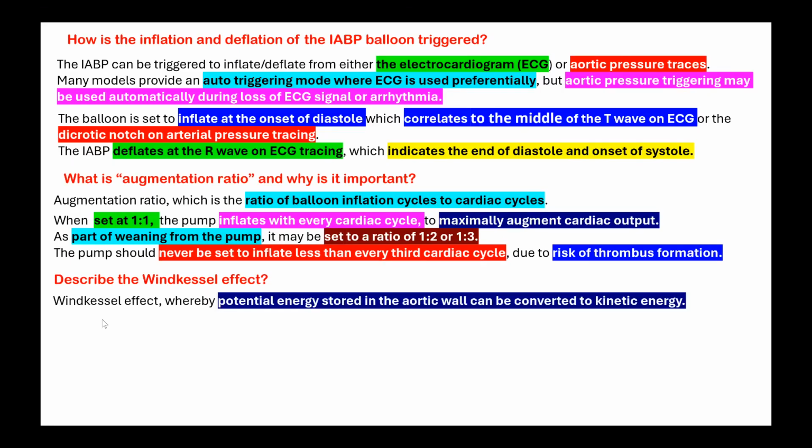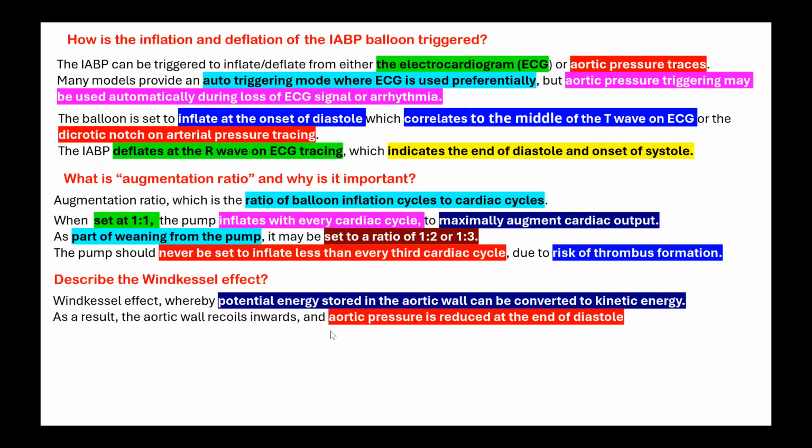Windkessel is nothing but the potential energy stored in the aorta, which can be converted to kinetic energy. For example, every time the left ventricle pumps the blood into the aorta, the aorta expands.